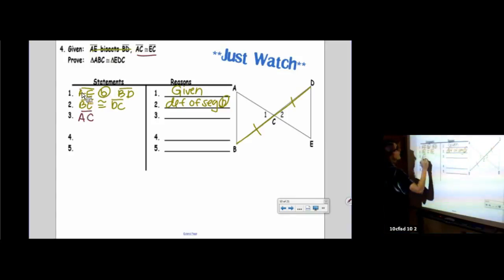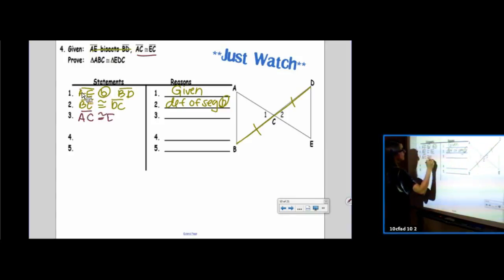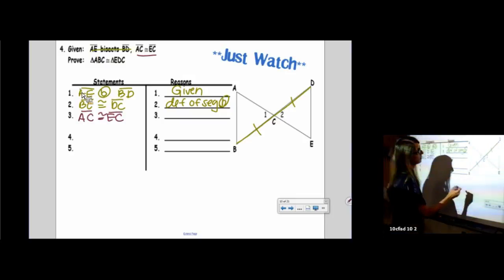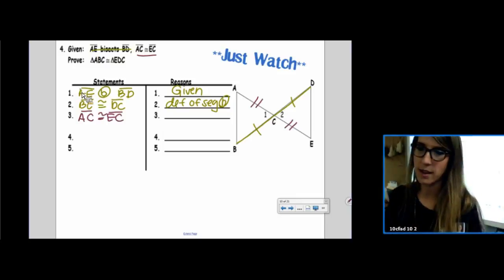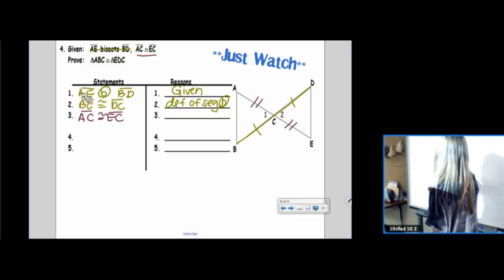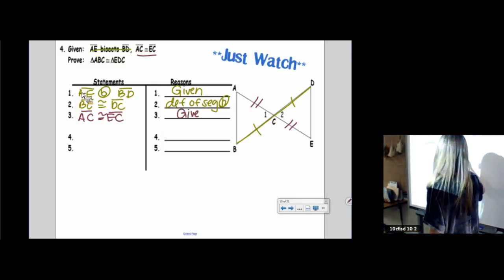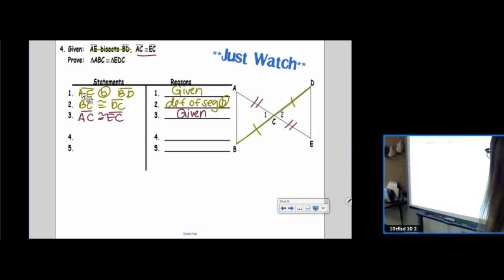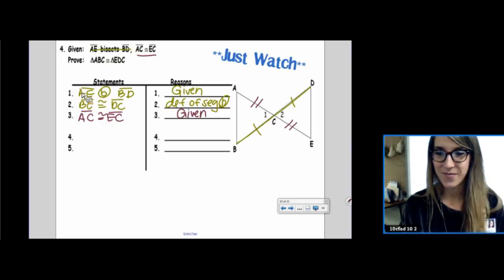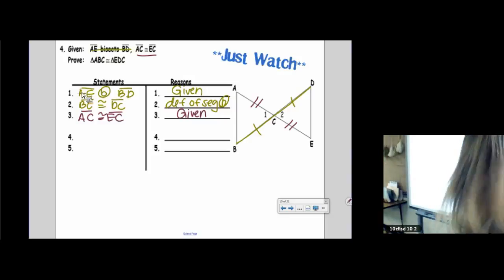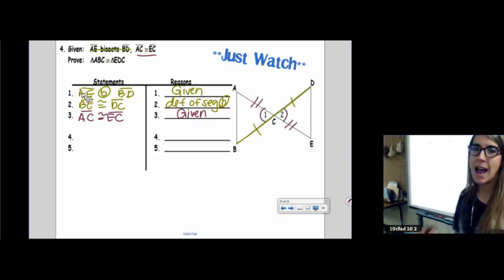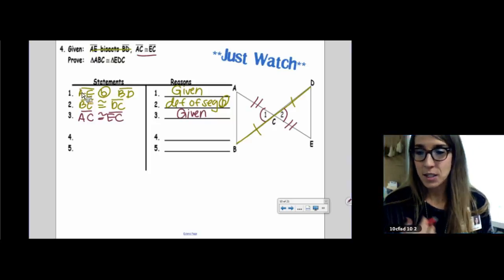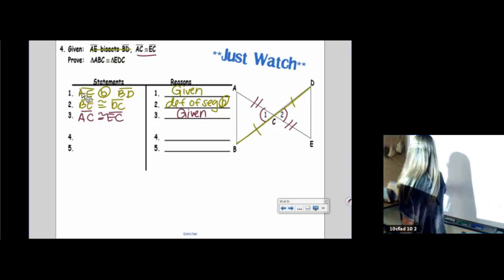AC is congruent to EC. Oh, that's nice. So I guess the other one was bisected as well. That's cool. Given. I don't know why there's so much space between 3 and 4. What do y'all want to say next? Okay, so the next thing I would mark if I were solving this on a quiz is I would add arcs there. And so now I have to document that. I added arcs.